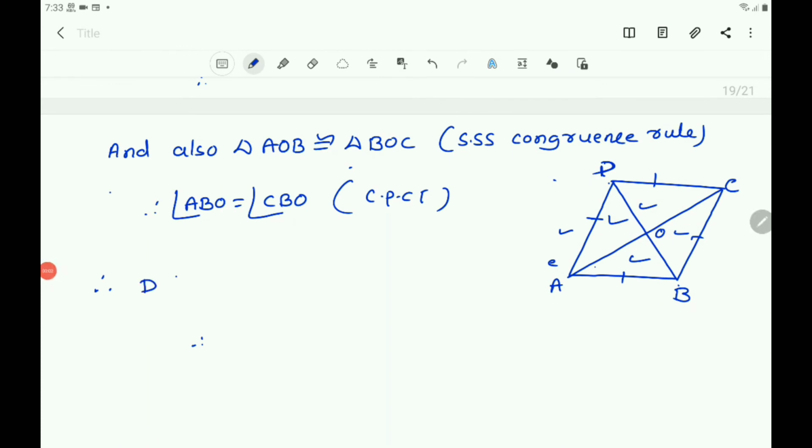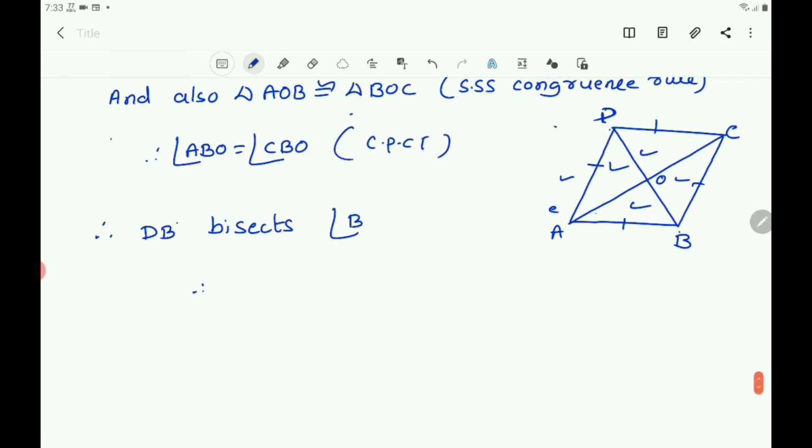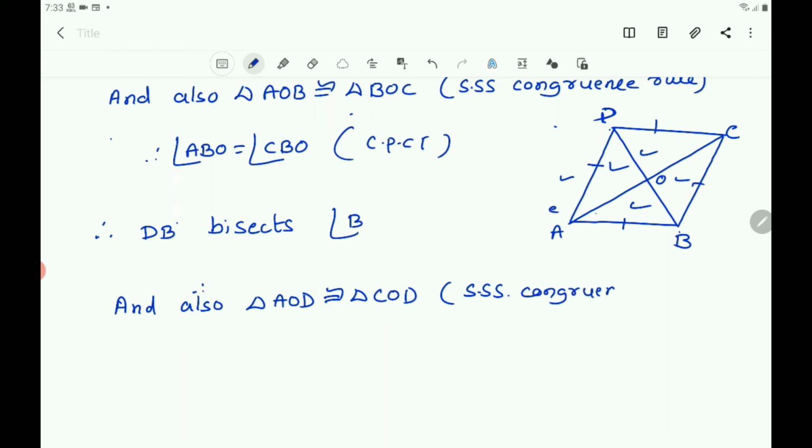Therefore DB bisects angle B. And also you write, triangle AOD is congruent to triangle COD according to SSS congruence rule. Therefore, you can write that angle ADO equals angle CDO.